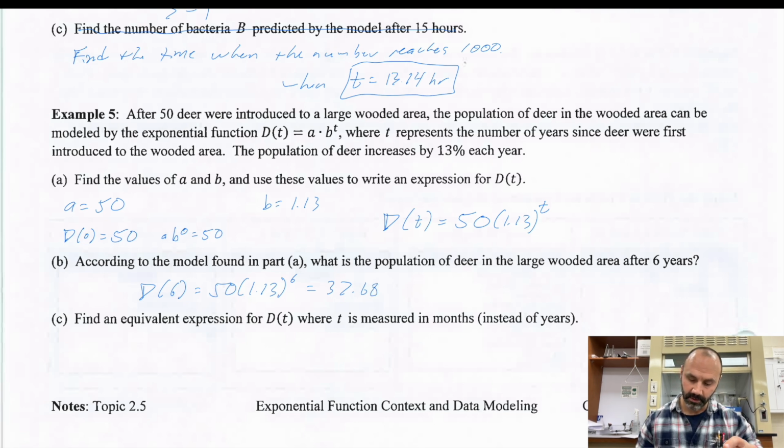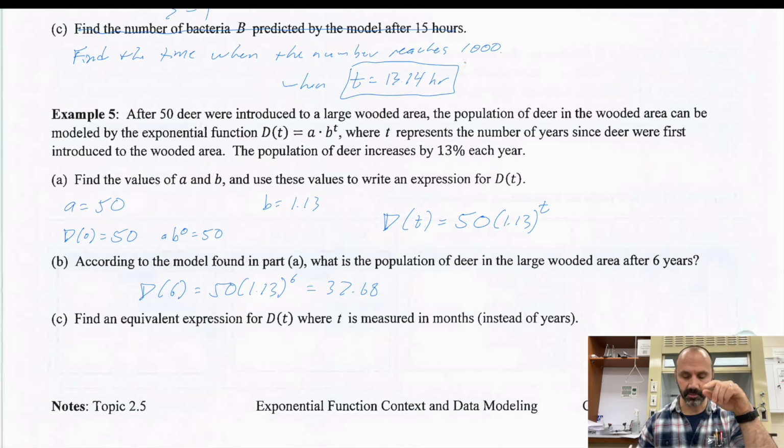And then C asks us to find an equivalent expression where t is measured in months instead of years. Okay, well, if we think about this, I want it to give me the same value for what I have here, but this is measured in years. I want it to be in months. So whatever goes into the exponent, when I put in 12 months, I want that to equal 1 year.